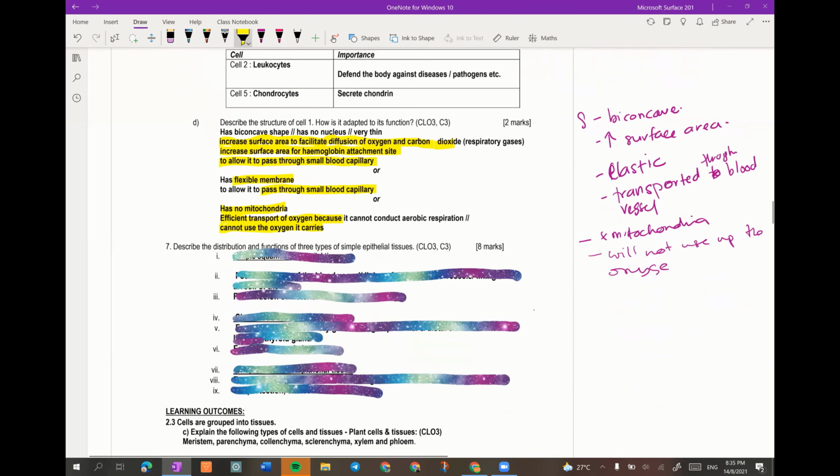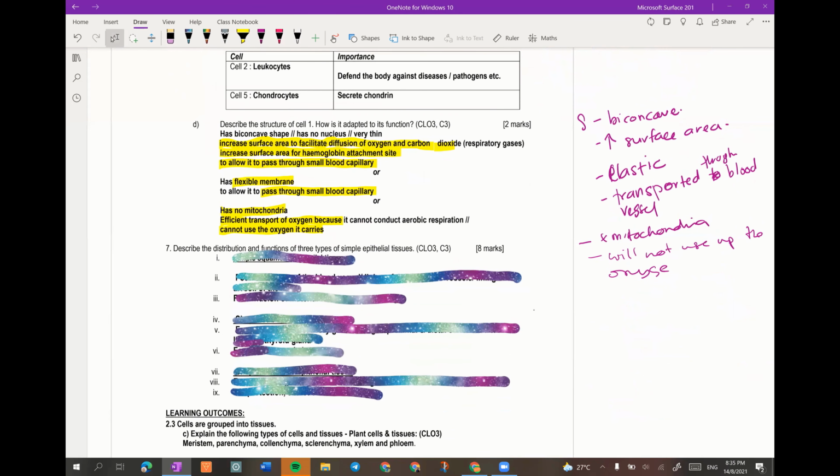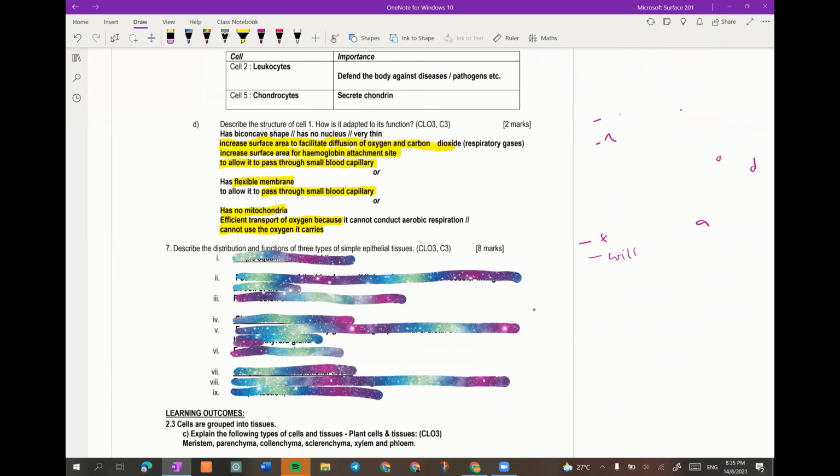Right, next, we can check out the next tissue pula. Minta dekat sini. Describe the distribution and function of three types of simple epithelial tissue. So, dia minta secara spesifik, dia tak nak structure. Dia minta just the distribution and the function.